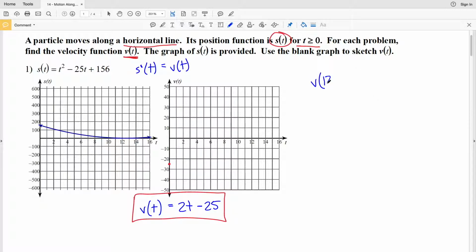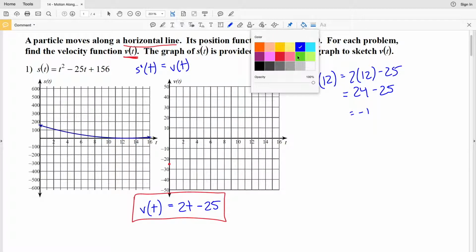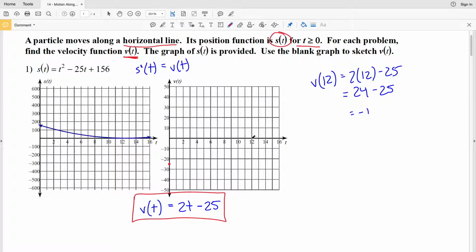So v of 12 equals 2 times 12 minus 25. 2 times 12 is 24, and 24 minus 25 is equal to negative 1. So when we're at 12, in respect to time, we're at negative 1. So I'll now draw a line connecting those points since this is a linear equation. And that's our answer in number 1.